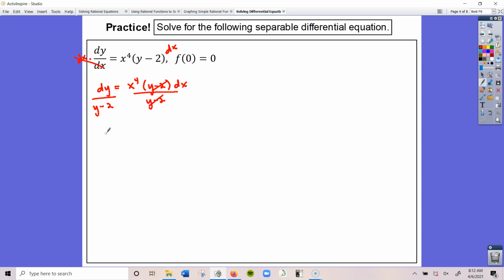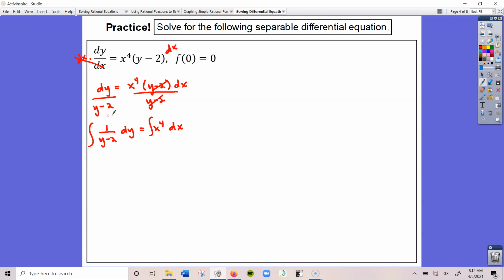And if you prefer, what we have here is dy over y minus 2, or you can write this as 1 over y minus 2 dy, either way is fine, is equal to x to the 4th dx. Now we're ready to integrate.